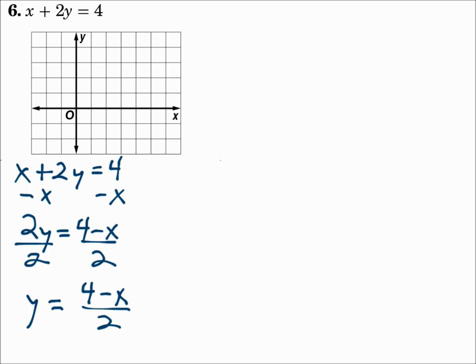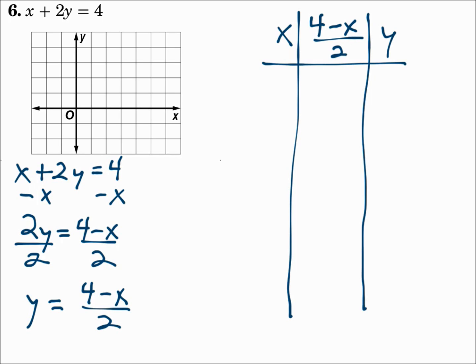So now make your table. You have an x column, a column of what y equals, which is 4 minus x all over 2, and then a y column. Now since we're dividing by 2 in the middle there, let's choose x values that would give us even numbers in the numerator so that when we divide by 2 we have integers.